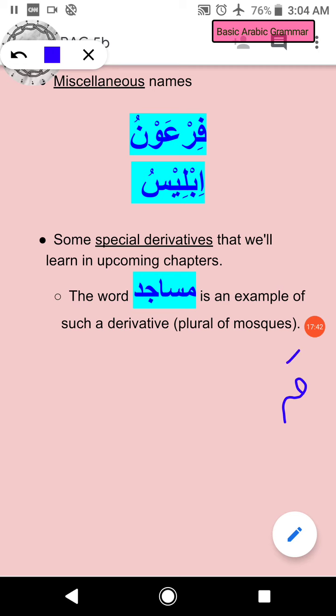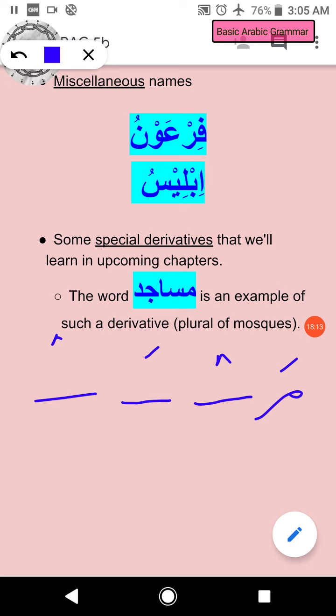Meem with, or I'll just connect it. All right, so this is ma, and then again I have a dash over here with a sakoon, then I have another dash with a zabar, and then I have another dash, with, let's just say it has sakoon for now.